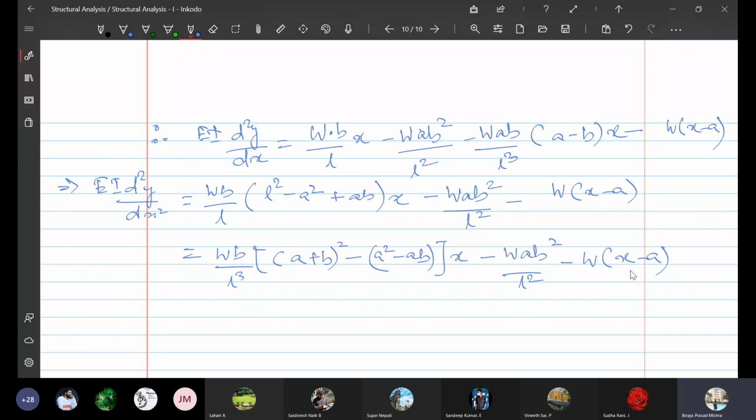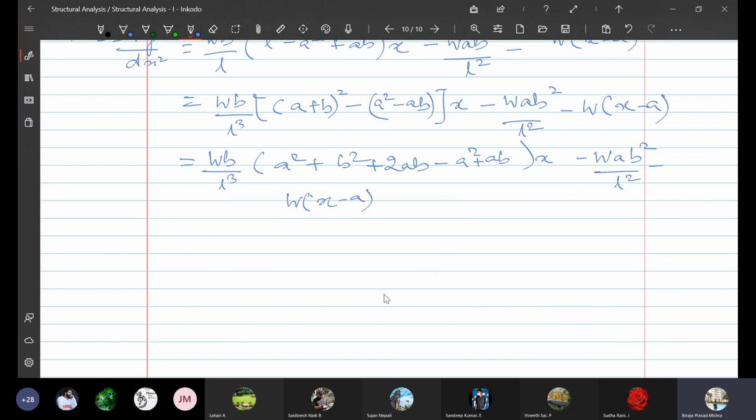If I further simplify this, this becomes WB by L cube into (A square plus B square, I'm just opening this bracket, plus 2AB minus A square plus AB) into X minus WAB square by L square minus W into (X minus A).